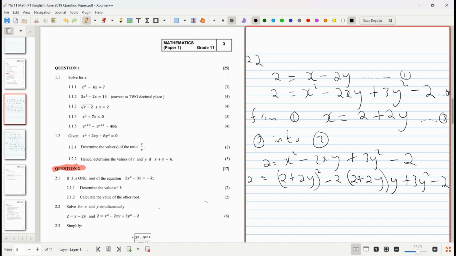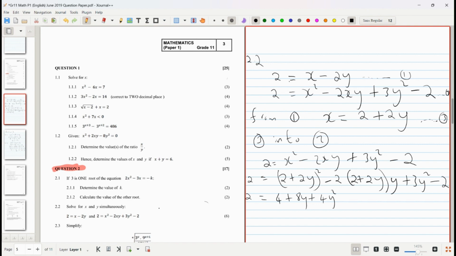So all we need to do now is to simplify. We square 2 plus 2y, and we get 4 plus 8y plus 4y squared. And then for this one, you have negative 2 and y here.